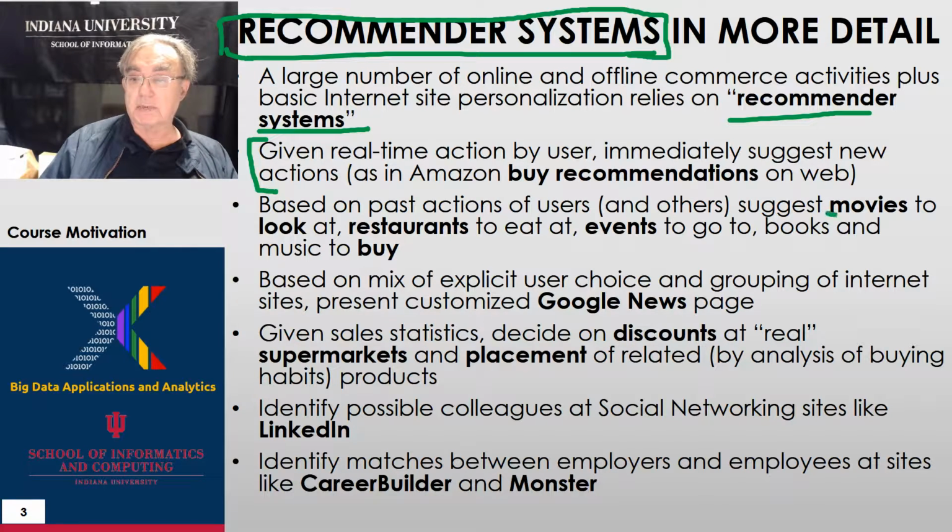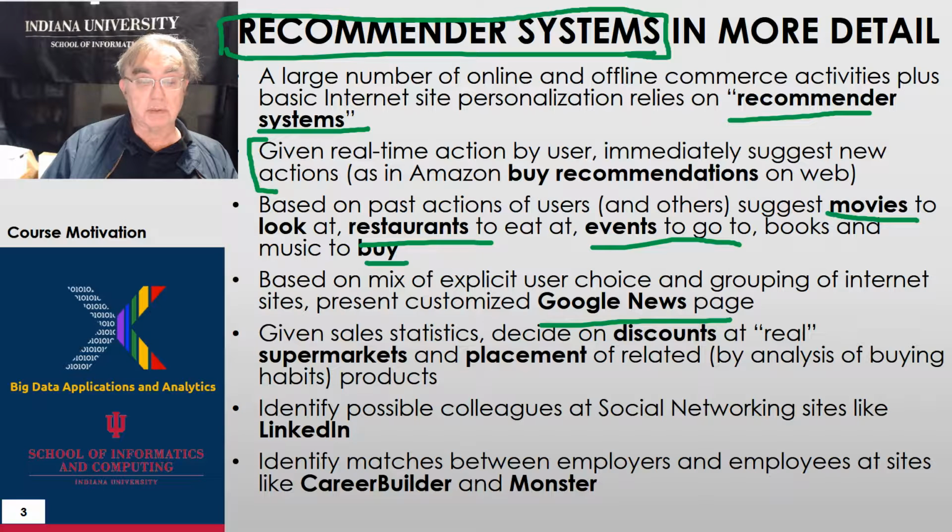And you can do the same thing with movies, that's Netflix, restaurants to eat at, events to go to, and books and movies to buy. You can also do things like Google News, where you try to group sites which are together in various categories and match those categories to users.